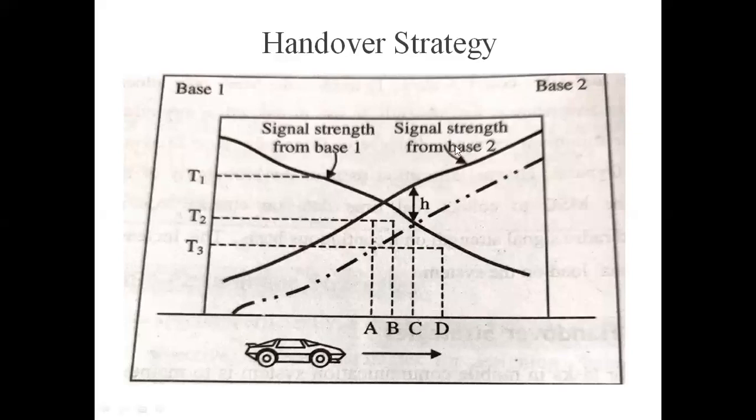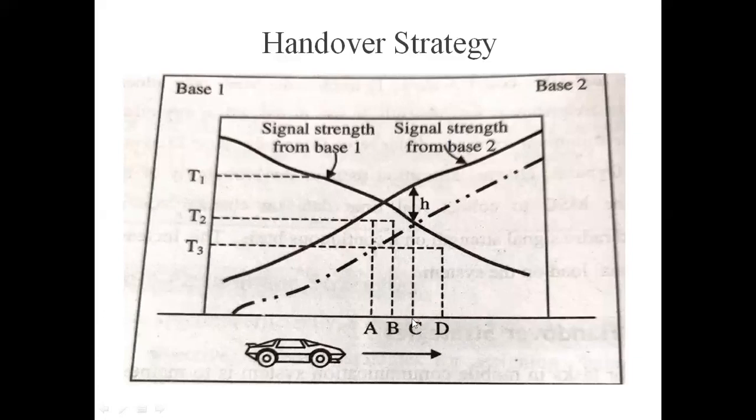Now, this is also, you can see from this particular figure, where the handover will occur at point C, the same point C, if the threshold is either T1 or T2, and will occur at point D if the threshold is T3.